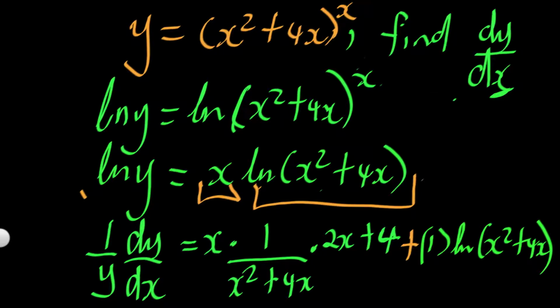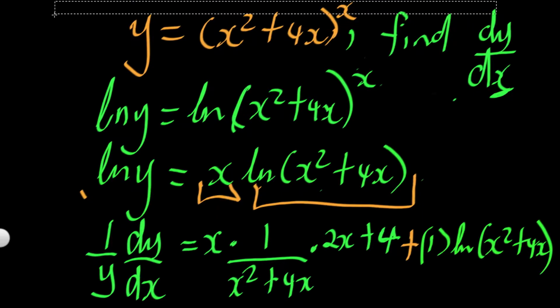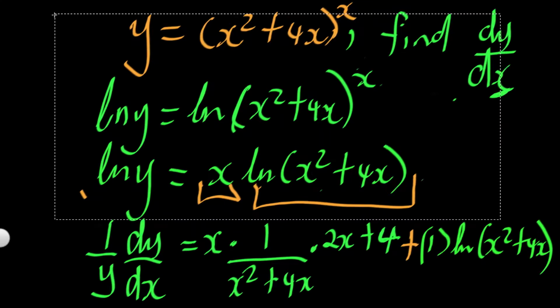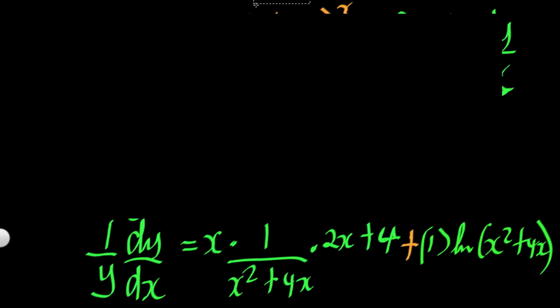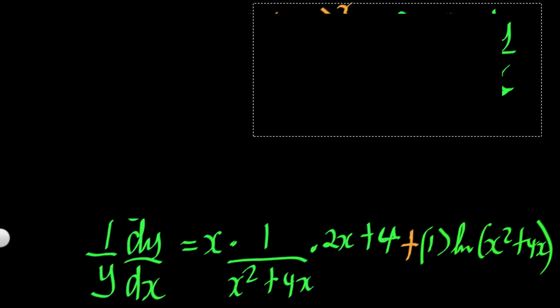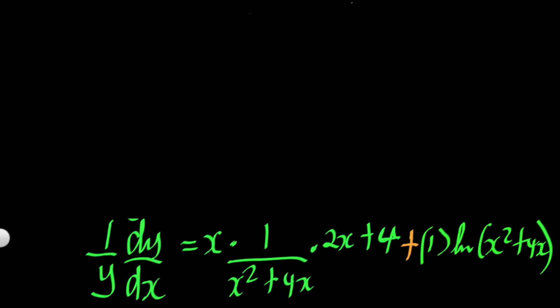All I'm going to do from here is just rearranging the whole sum. Let me clear the top part of the board so that I can use the space. So I still have 1 over y dy dx being equal to, let us simplify this part here.